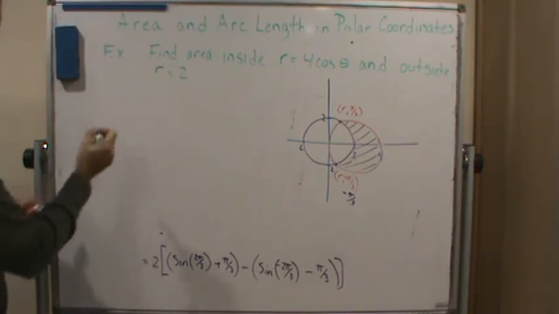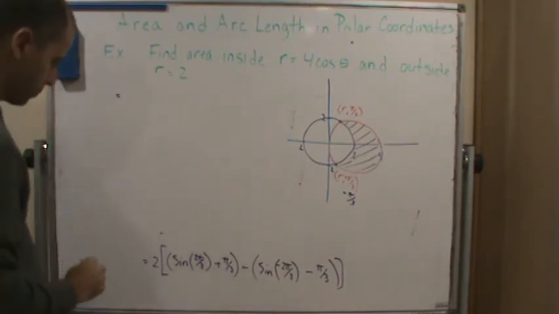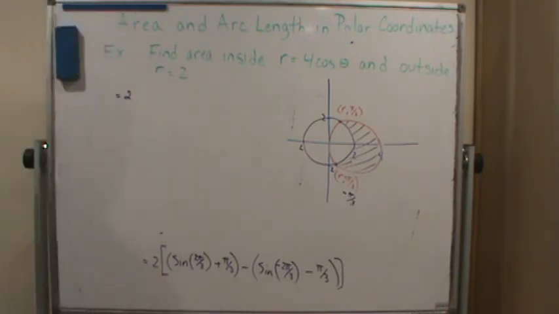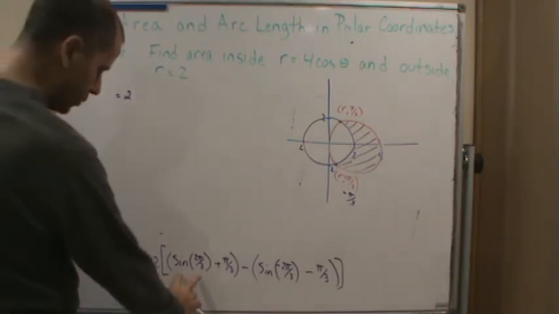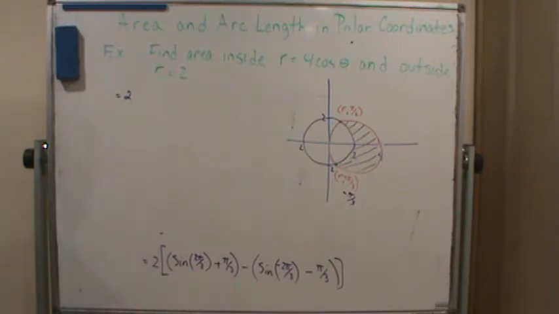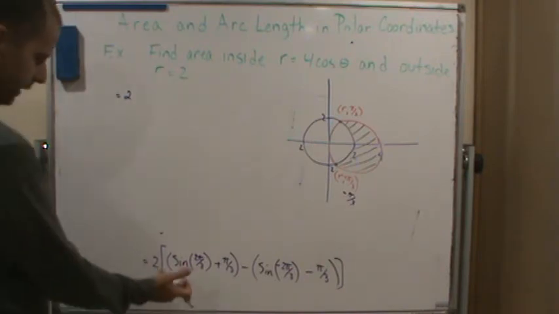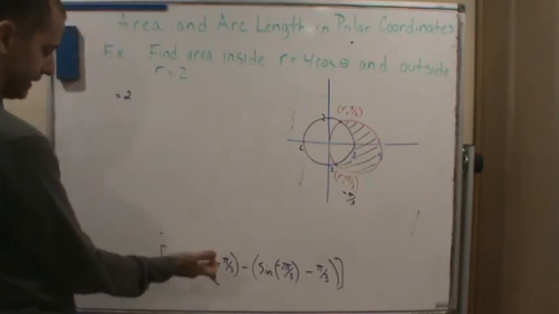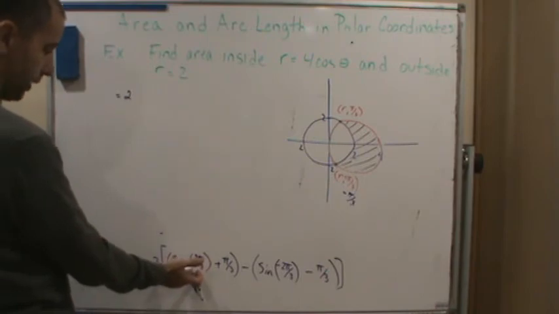And so now what do I get? Now this becomes what? 2 times, I get, well, what's the sine of 2 pi over 3? Okay, well, so this is going to be 2 pi over 3 is going to be a 60-degree angle in the second quadrant.